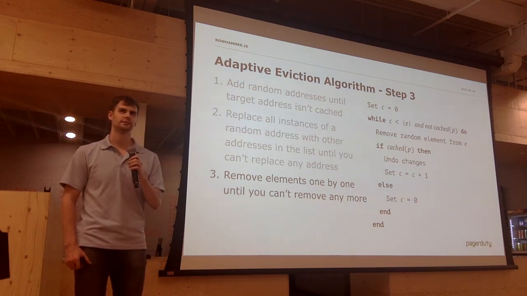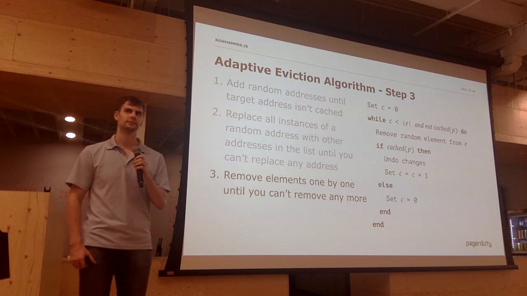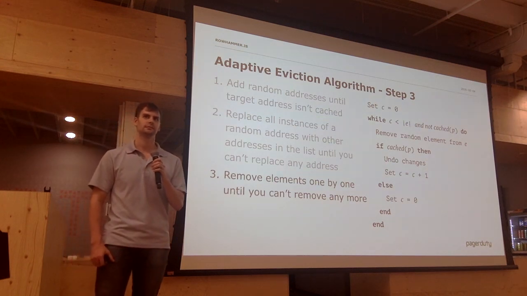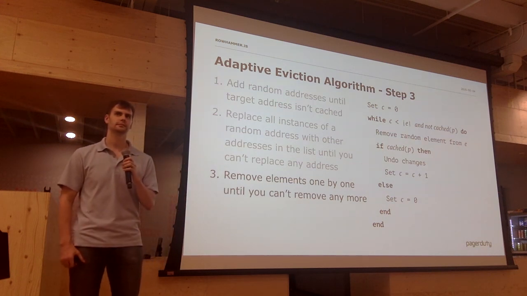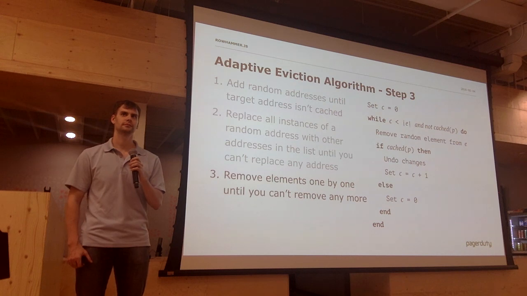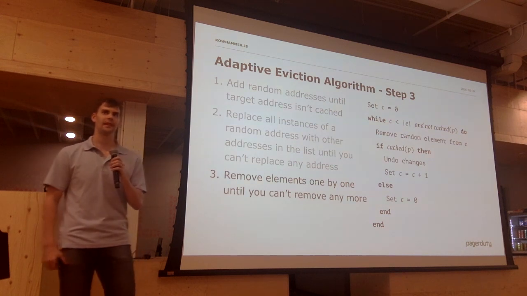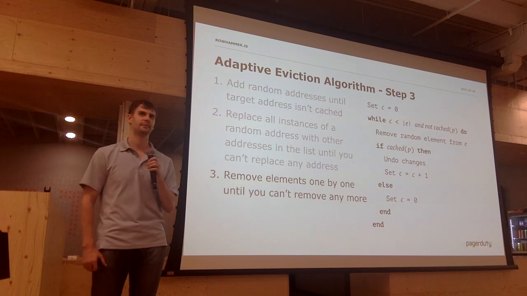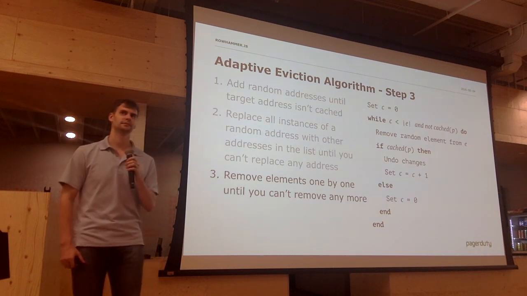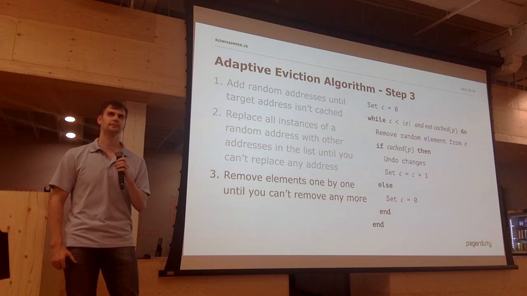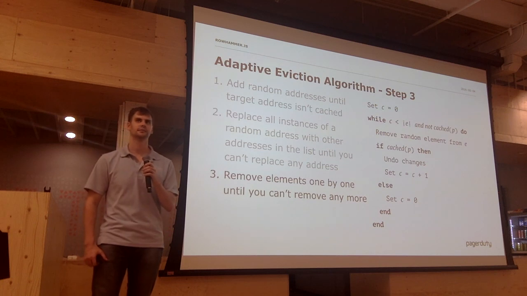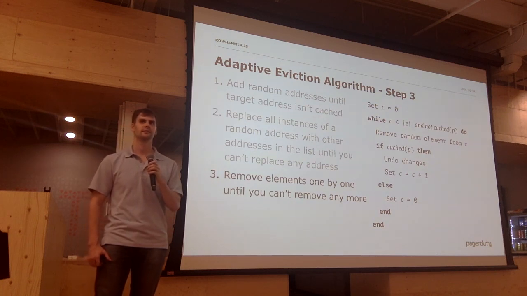So when you say here you're adding random addresses, is this in a new list? In the JavaScript, would it be representing addresses as integer indexes into that array? Indexes into array, yeah. And when it says add random addresses until target address isn't cached, is it just starting at 0 and then trying to find some cache eviction addresses for address 0 and then going up?